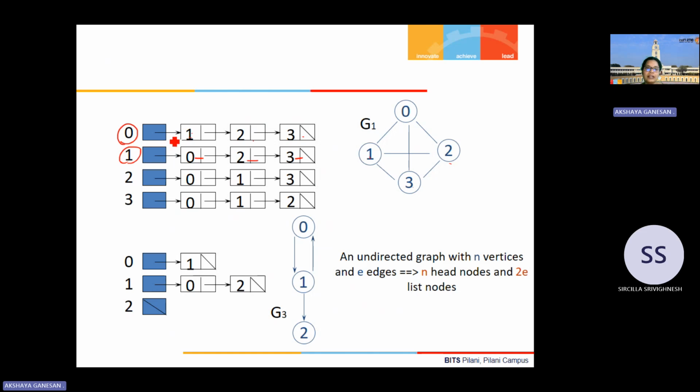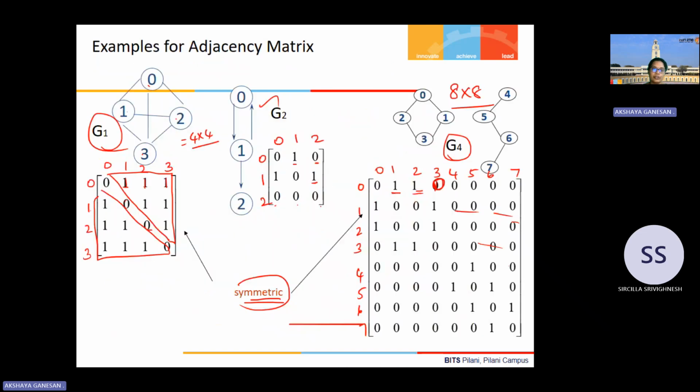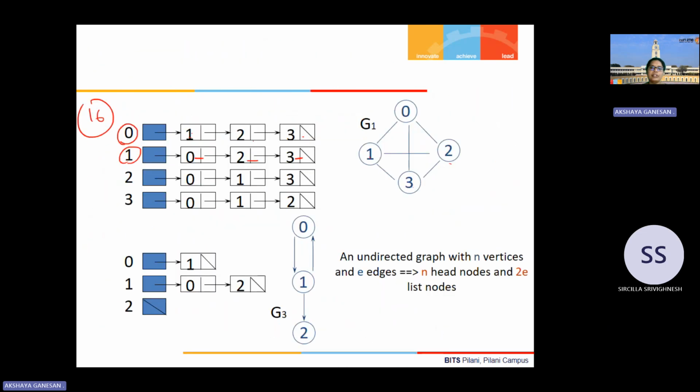How much memory space is needed? If it's a fully connected graph, almost 4 into 4, 16 memory is required here, and the same is required in the matrix also. So if it's a fully connected graph, the adjacency matrix itself is sufficient because that's easy to manage.